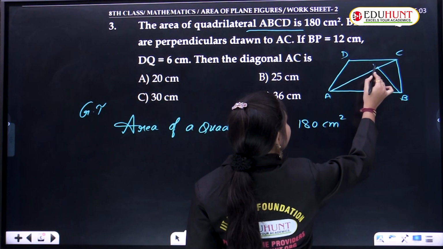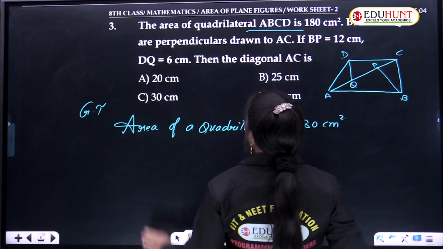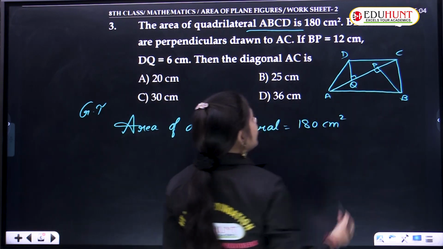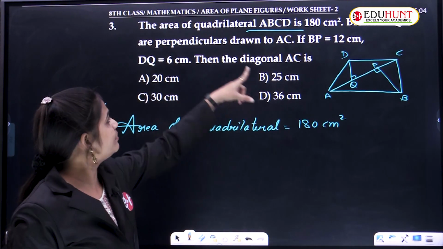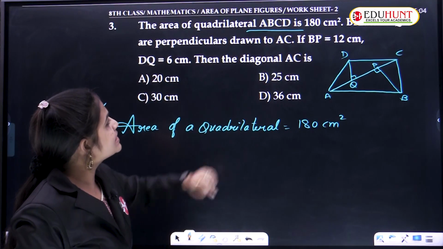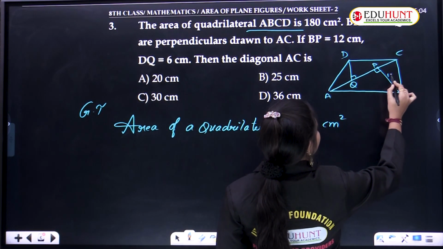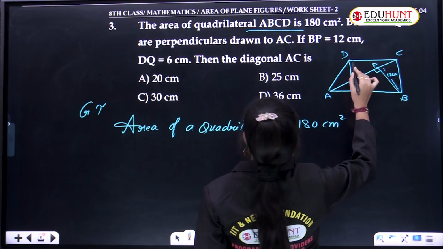This is BP and DQ, the heights, the perpendiculars drawn to AC. Clear? That is the diagram. And BP is equal to 12 centimeters, this measurement, and DQ is equal to 6 centimeters.